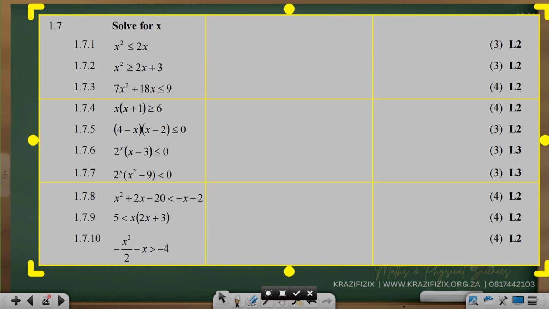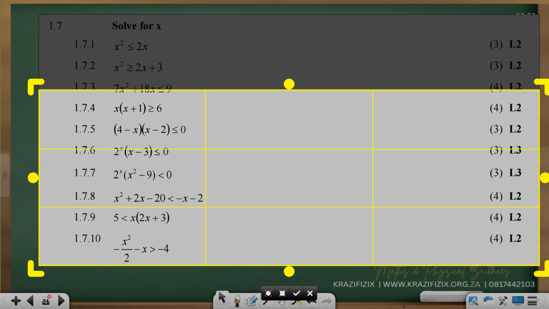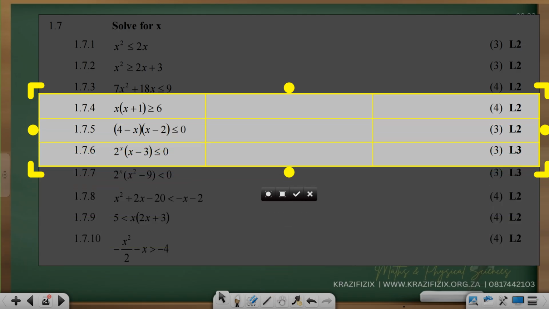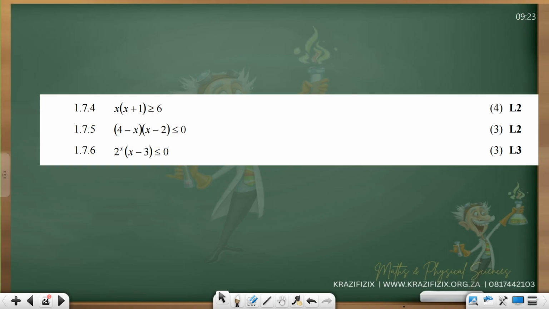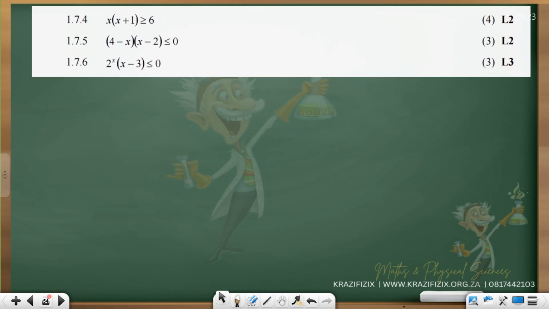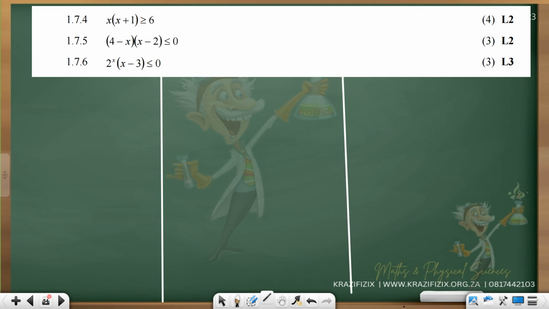1.4. Can we squeeze the 3? Oh yeah, we can. I love the fact that we are beginning to bring in the big boys here now. Okay guys, do you want to try 1.7.4 for me? I think you can. And I will do 1.7.5.